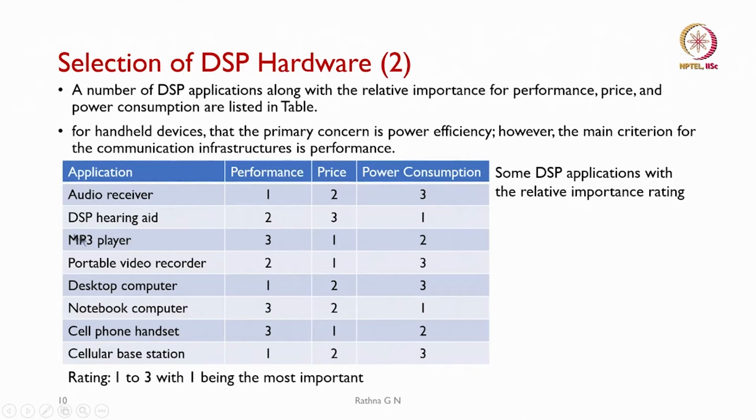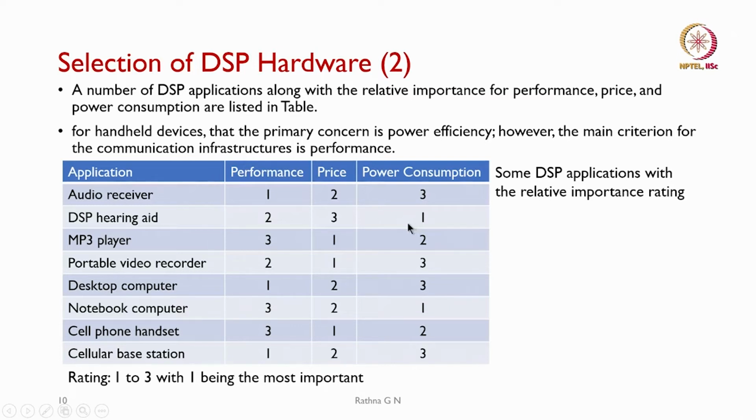We know that hearing aids have a DSP processor. What is the constraint in this? The performance is medium, my price has to be very low, and power consumption can be a little more.